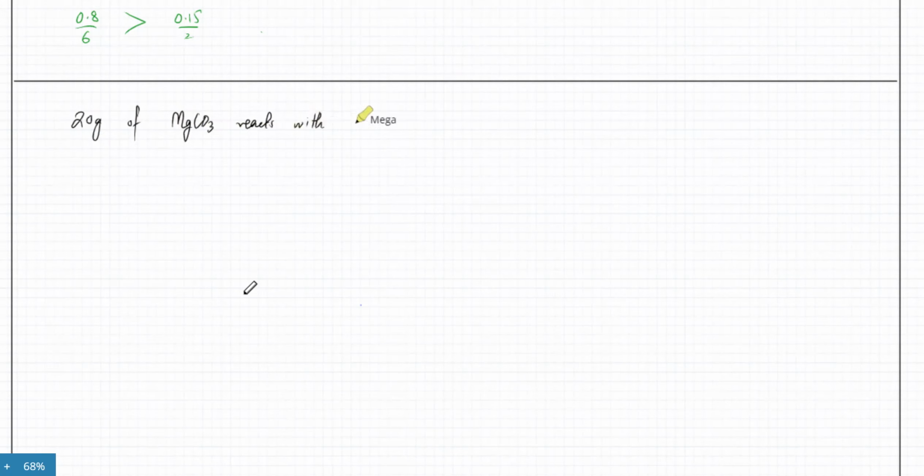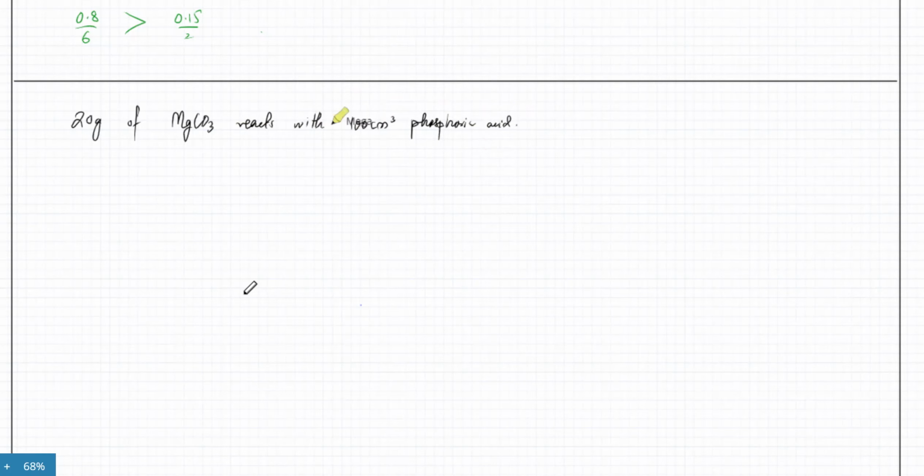Reacts with phosphoric acid. And exactly 100 cm³ of phosphoric acid. So it reacts with 100 cm³ phosphoric acid.